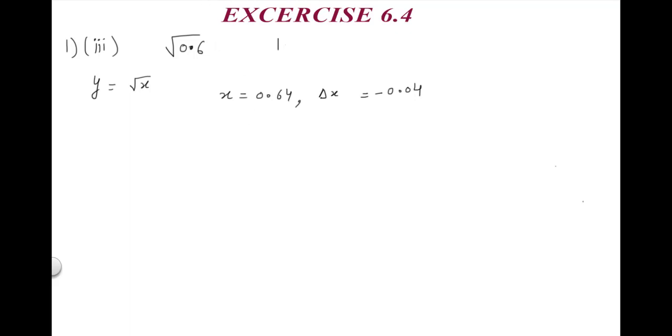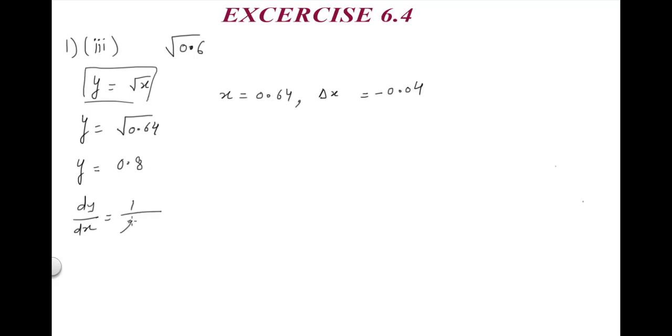Now solving it, we will write first of all y equals under root of x, where x value is 0.64. So we get y is equal to 0.8, since 0.64 is the square of 0.8. Now we will find out dy by dx. Finding dy by dx, we get x to the power half, 1 upon 2 under root of x.